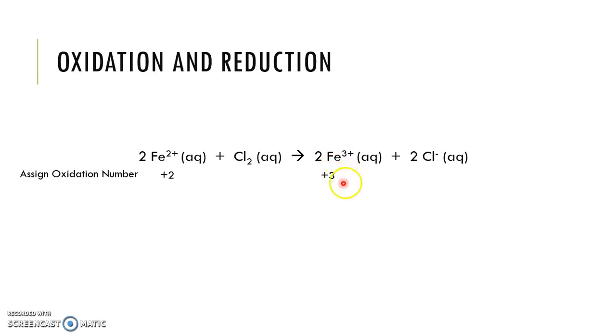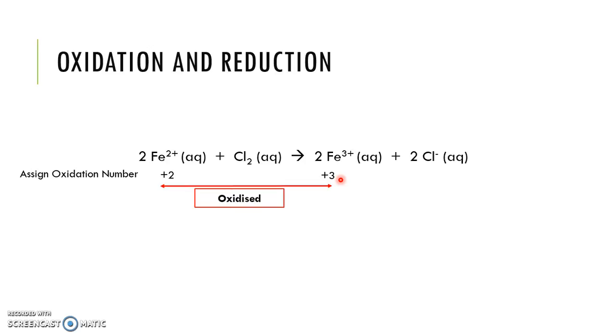After the reaction, the oxidation number for iron is +3. As you can see, iron lost 1 electron.